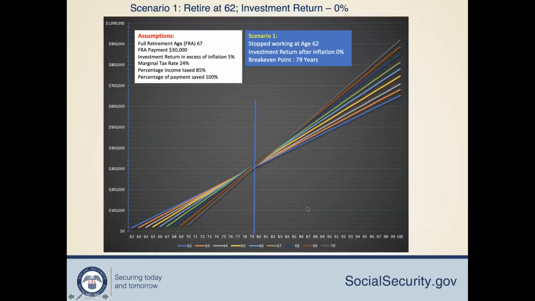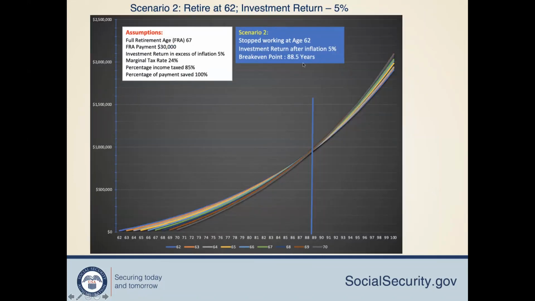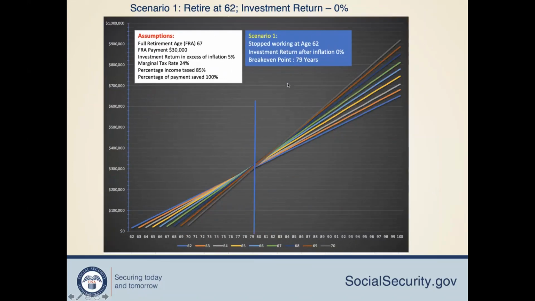So is there a way to know when we die? So what I did was several calculations. I have 6 slides like this on different scenarios. The first one is retiring at 62, and I am assuming no investment return.